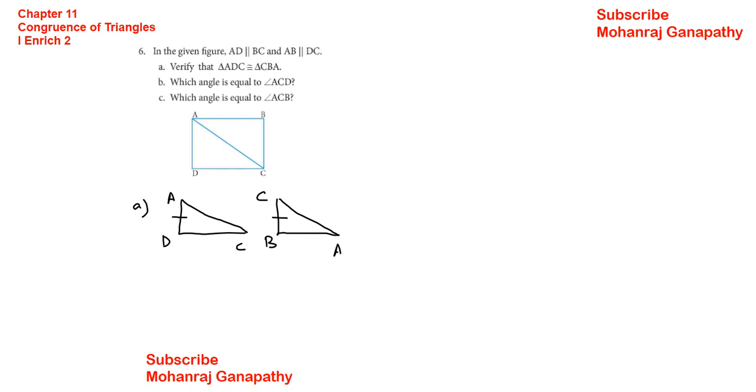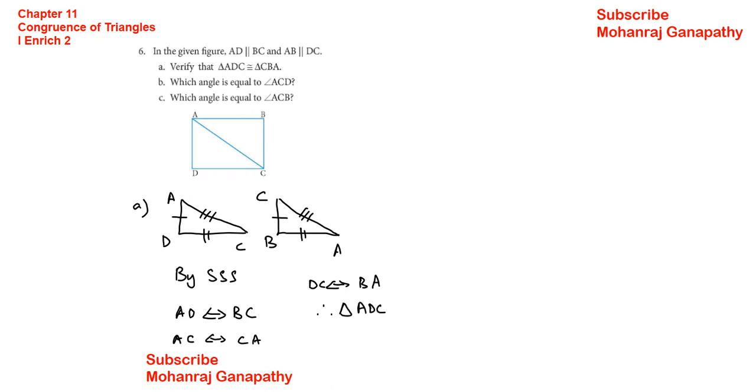AC is a common side, by SSS criterion, that is AD corresponds to BC, AC corresponds to CA, and DC corresponds to BA. Therefore, triangle ADC is congruent to triangle CBA.